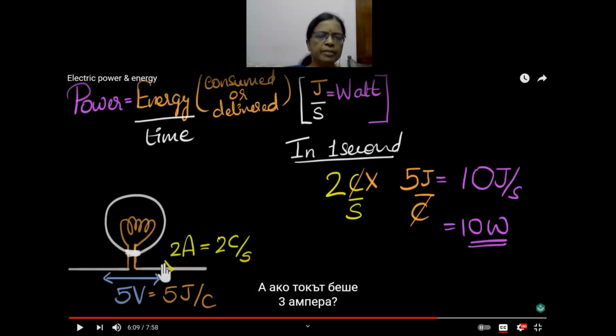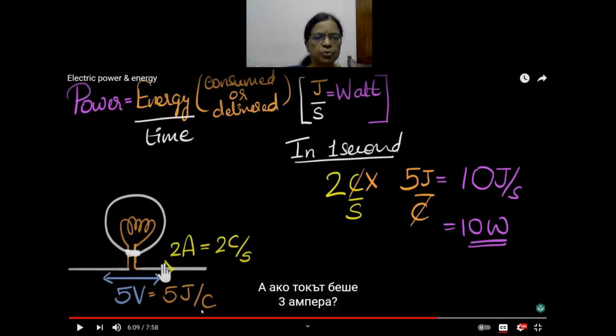And the voltage across the bulb is 5 volt. Volt also we know is energy, work done per coulomb. So this bulb consumes 5 joules of energy per coulomb.